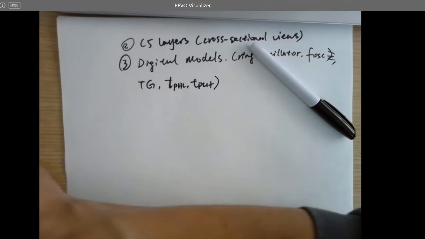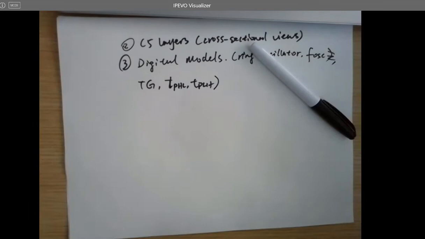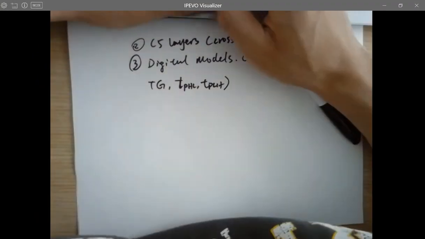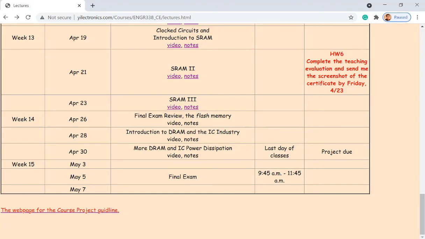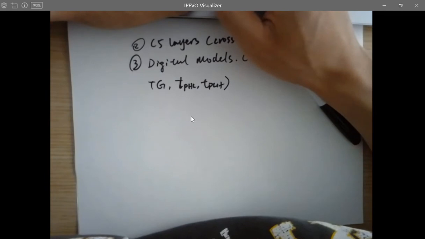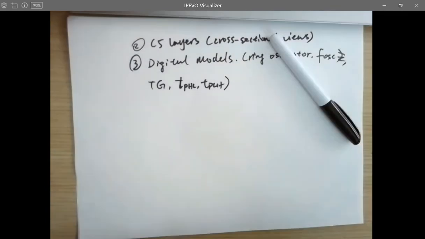And then, oh yeah, one of the problem here. I should write it down actually. The clocked circuits.